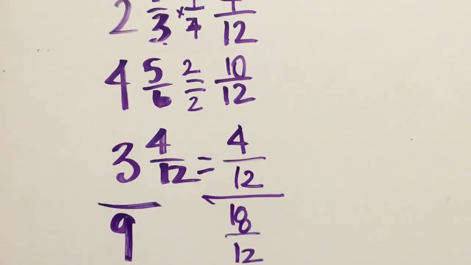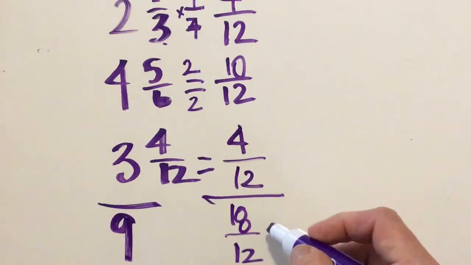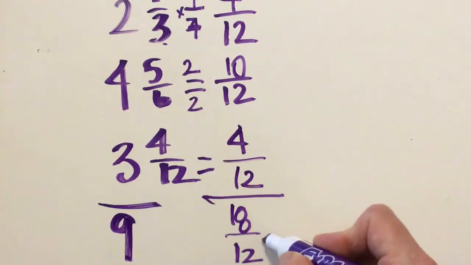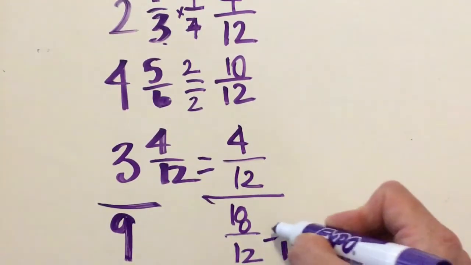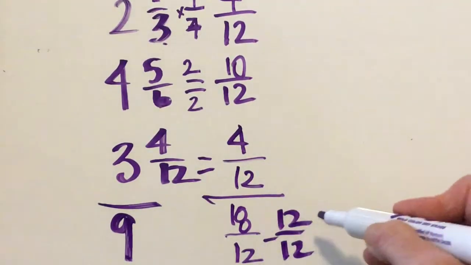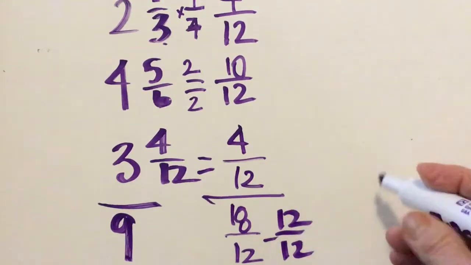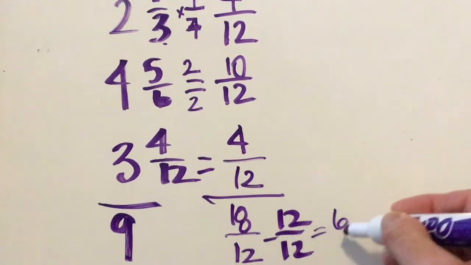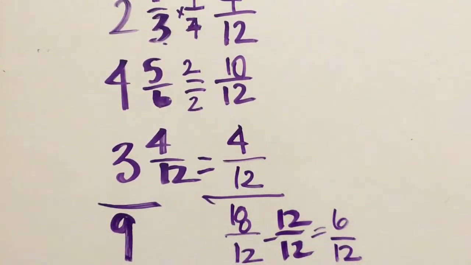But I can see that this is an improper fraction. So I need to change it to a mixed number. So I take away 1 whole. So if I'm working with 12ths, 1 whole would be 12/12. So 18 minus 12 is 6. So I know that this is 6/12. I also know that 6/12 can be reduced to 1/2.